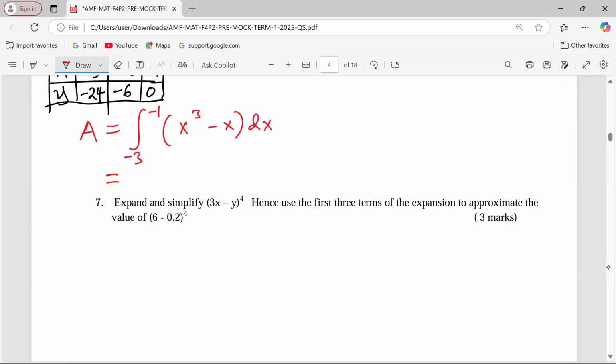So when we integrate this, we shall have 1/4 x power 4, because the power of x has to increase. Then we divide by the new power. So we get 1/4 here, and x going to power 4. Minus x is to power 1, so it changes to power 2. So x becomes squared, and we divide by half that way. Remember, the range remains from -3 to -1.